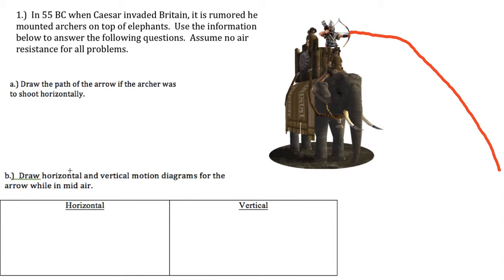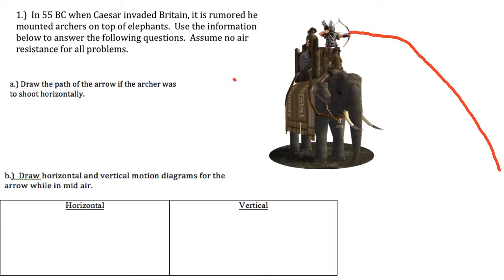That was pretty easy. Part B says draw the horizontal and vertical motion diagrams for the arrow while it's in midair. Okay, motion diagrams. Guys, these are the multiple dots connected with the arrows. I saw a lot of people trying to do graphs, some people doing force diagrams, all sorts of stuff down here. Okay, before we start talking about the horizontal and vertical motion, let's think about what forces act on it midair.